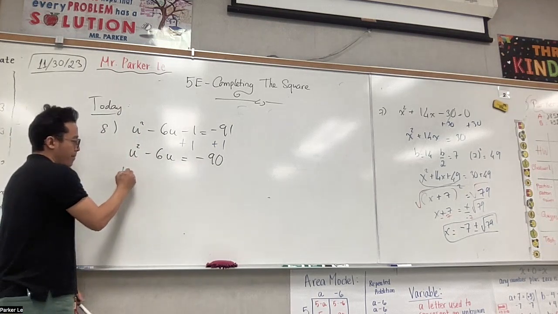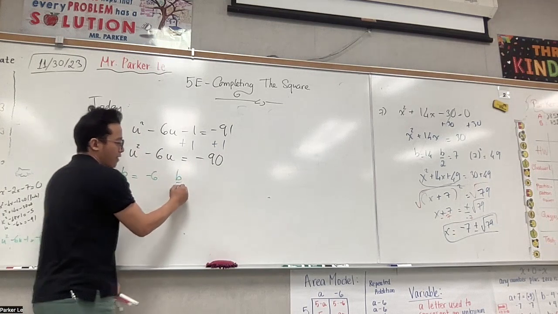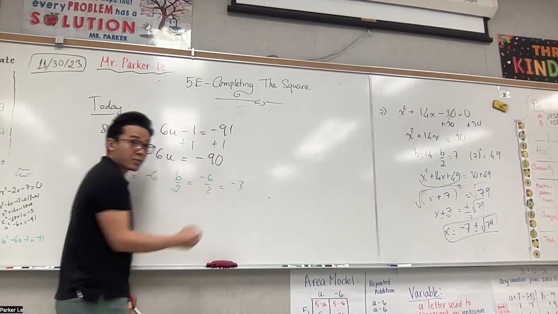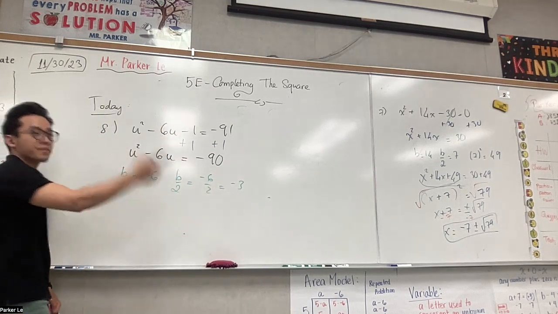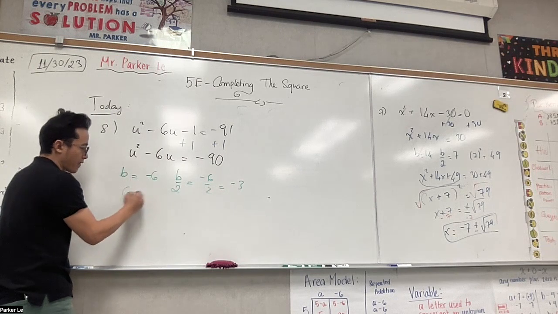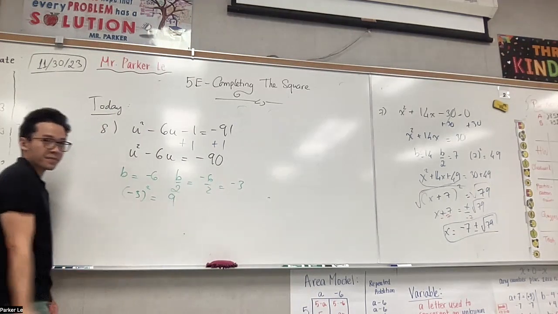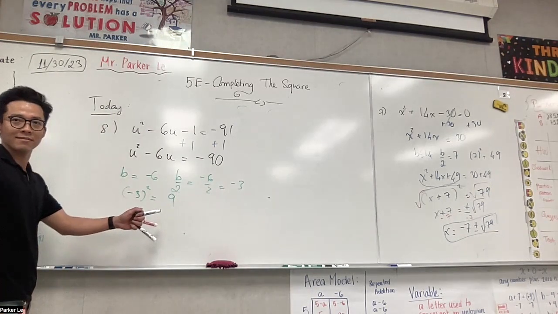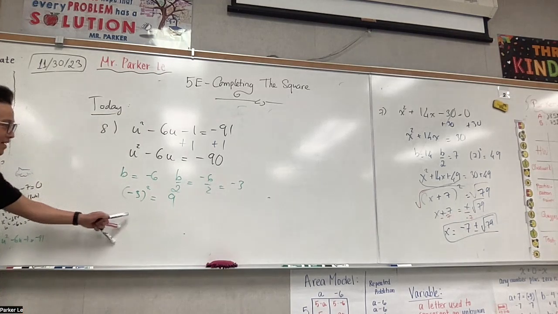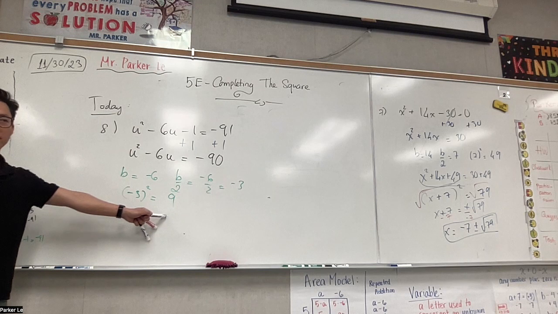Now, what do I need to find? Half of b. b is negative 6. Half of b is negative 3. Now you want to square it first. It will always be positive. What are you gonna do with 9?